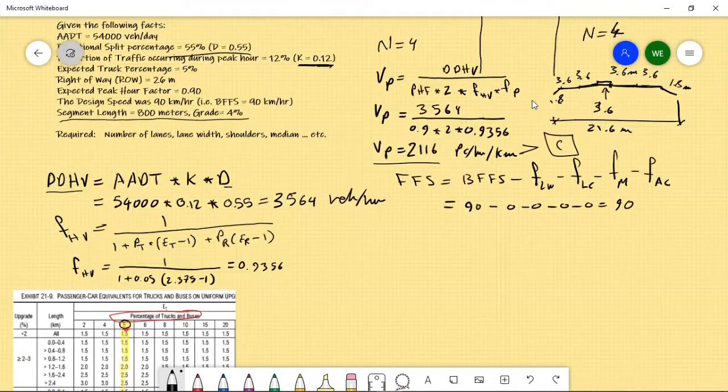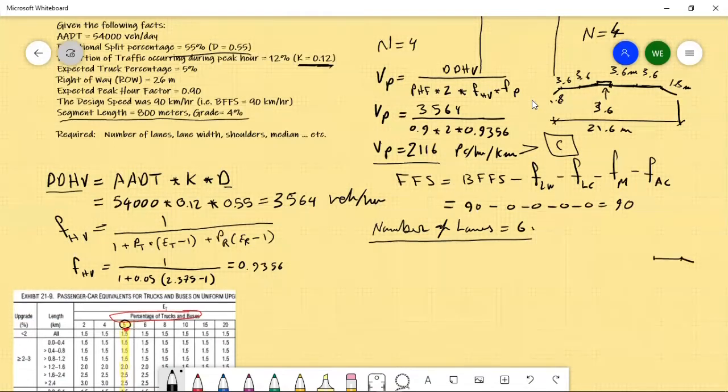So we need to modify our design, and let's try a number of lanes equals 6 lanes. Okay, so in this case, our new design will be this way: shoulder 1.8 and a median, then another 3 lanes and a shoulder.